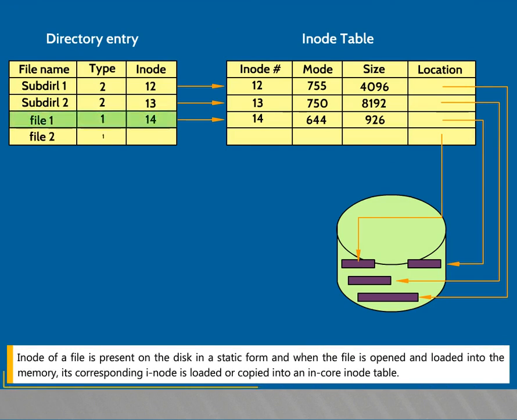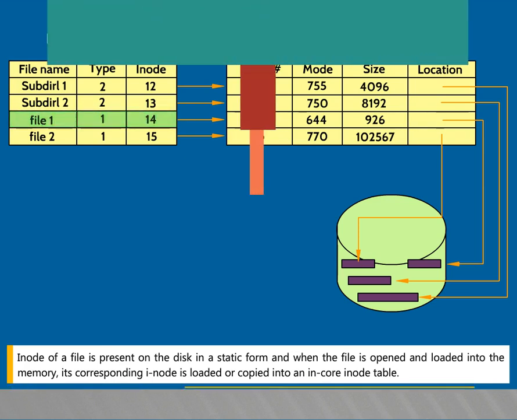Inode of a file is present on the disk in a static form, and when the file is opened and loaded into the memory, its corresponding inode is loaded or copied into an in-core inode table.